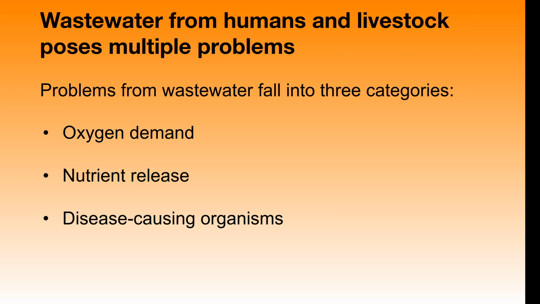If we remember the movie that we watched, the chicken farms had massive piles of waste from the chickens, and that waste would release nitrogen and phosphorus into the environment, and that would slowly leak into the Chesapeake Bay, for example. Disease-causing organisms, and we're looking here at things that would potentially harm human life. We'll get to that at the end of the chapter.